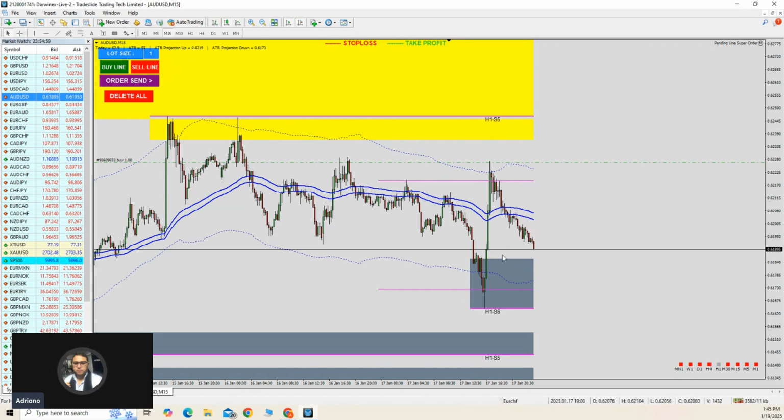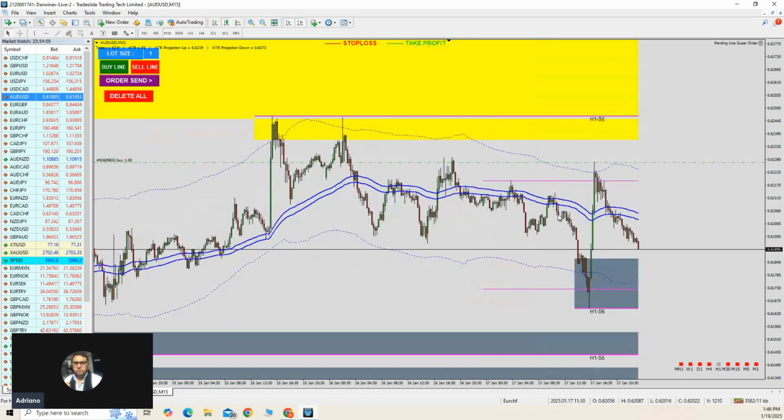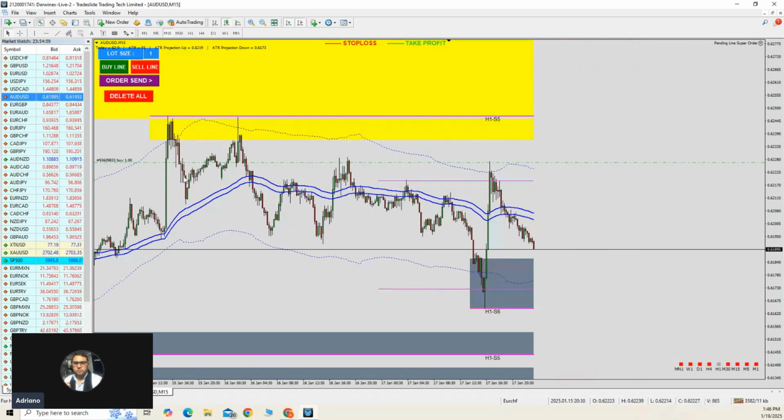And now the market is near getting inside this demand zone, and to buy is just the opposite of the sell side.